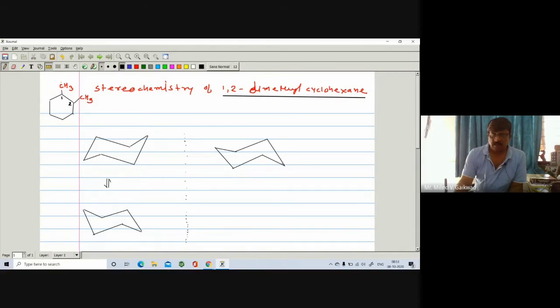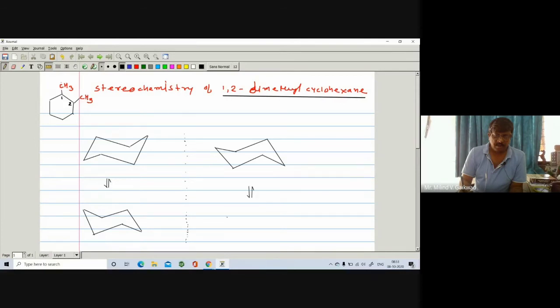In this way we have drawn the mirror image of this one. Similarly, it also undergoes ring flipping and you will get the corresponding isomer. So it will go like this.